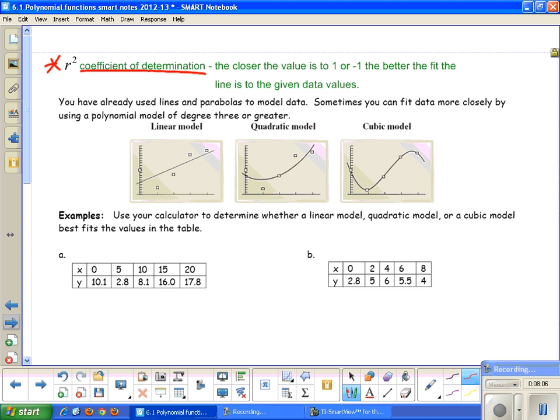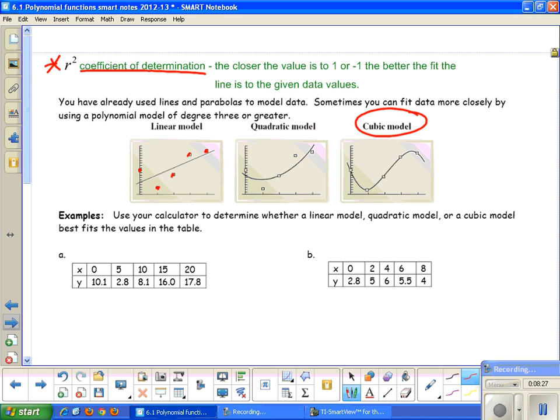So if you just look in general, we have these different data values. And we did the linear regression on the calculator for a line, and that's what we got. Then I did a quadratic, and then I did a cubic model. So for this, notice that the cubic model goes through more of the points. So which one would probably be the best model to use? It would be the cubic.